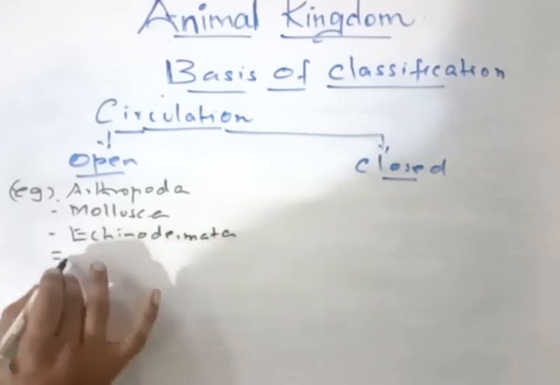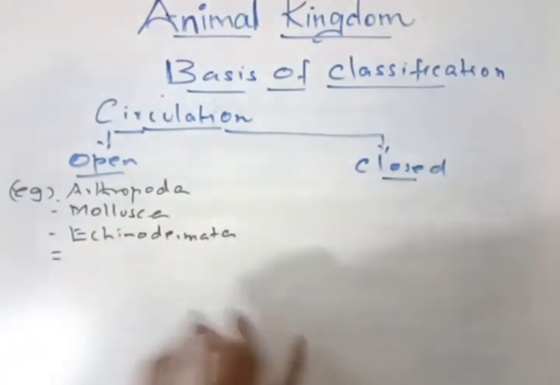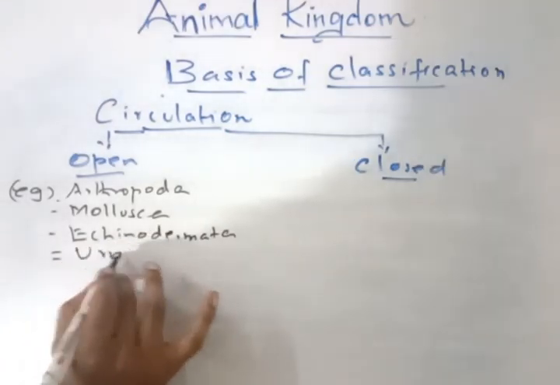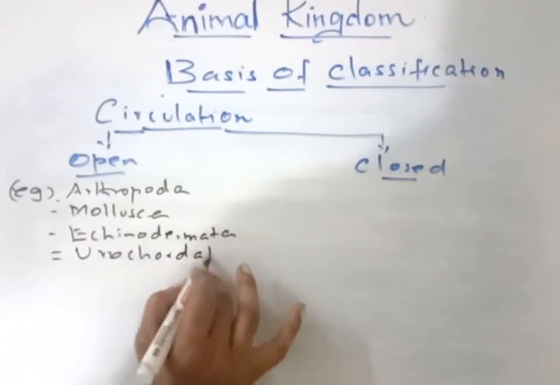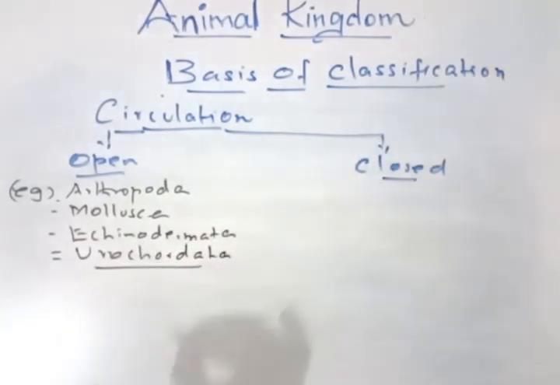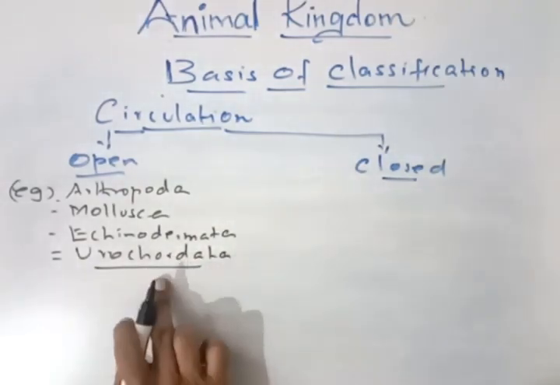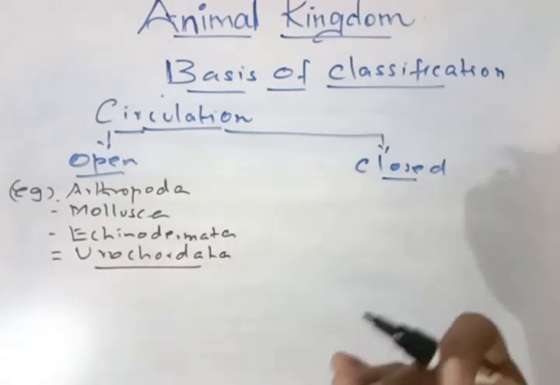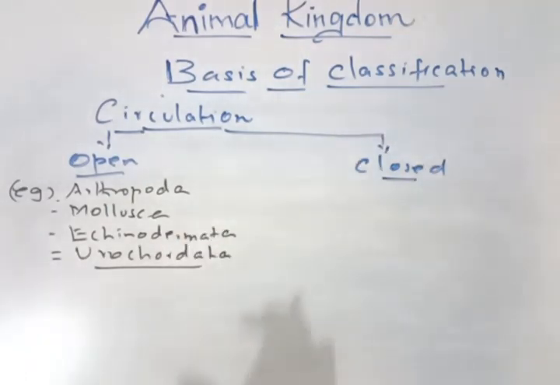Then one thing we will discuss in the vertebrates later; for now remember that Urochordata is an example regarding Chordata. Now we will not discuss this. After the entire phylum discussion gets over, we will come to vertebrates and study them. Okay. So all these have open type of circulation.